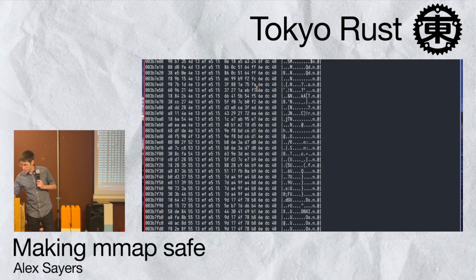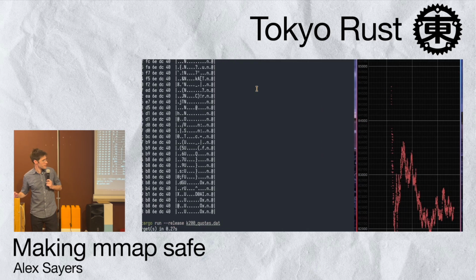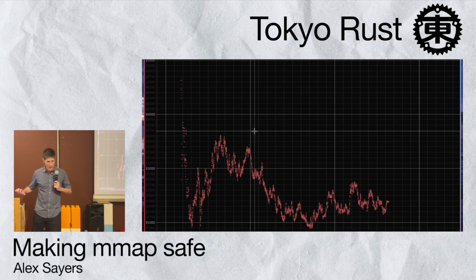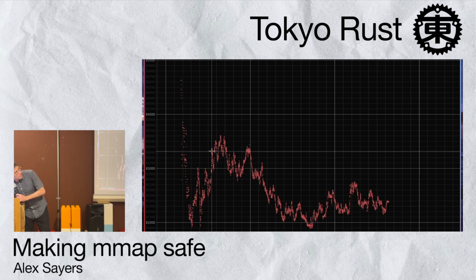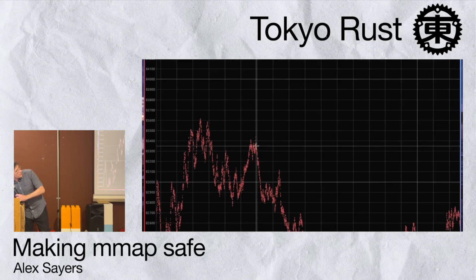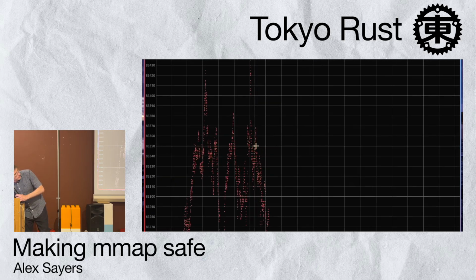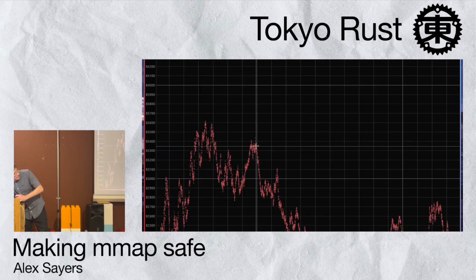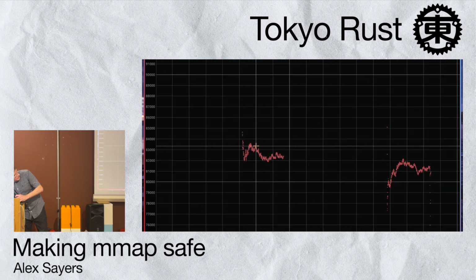And I've written a little thing for browsing this data. So here you can see the price changing over the course of a day. If I zoom in, you can see the individual data points from the file. There's one day.